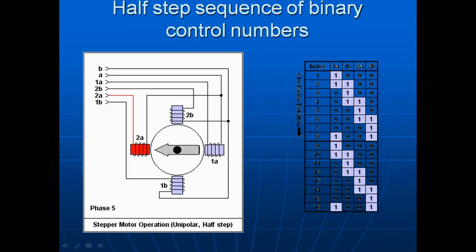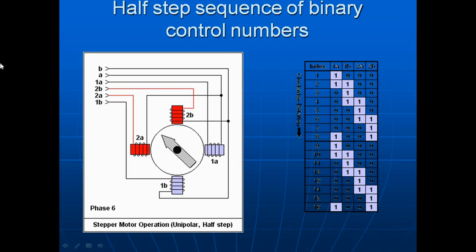Here the next, 1B is continuously conducted, and then 1B conducted, then 2A and 2B also conducted. Here 2B conducted, and also the 7th and 8th positions will be conducted. The sequence of the 3 pulses is conducted in the sequence ratio of the half step sequence of binary control numbers.